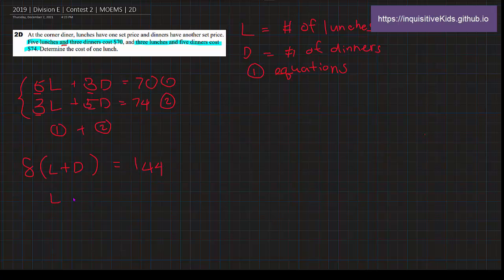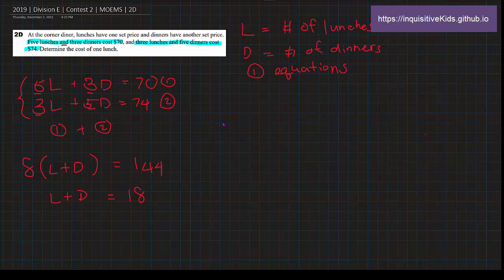If we divide both sides by 8, L plus D is equal to 18. Well, that's not enough information to find the cost of one lunch, so we are just going to find another way. Well, what's another way?